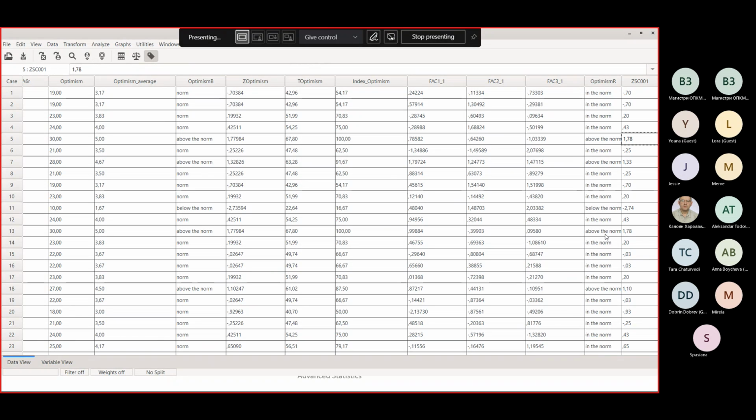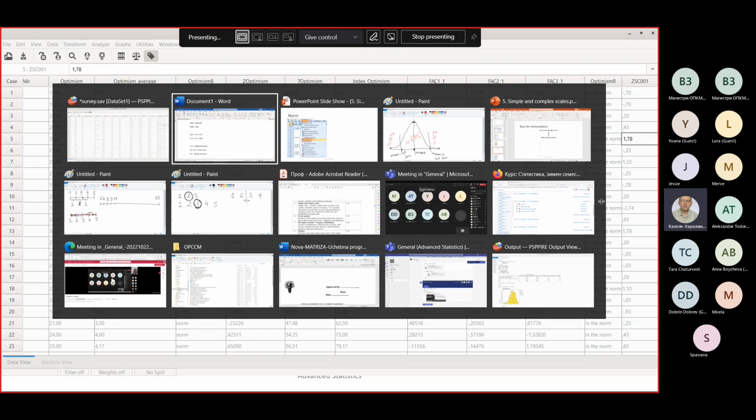So in this way, using the normal distribution and borders between mean minus 1 standard deviation and mean plus 1 standard deviation, we can create these categories for each person. And this was the second key for the interpretation.